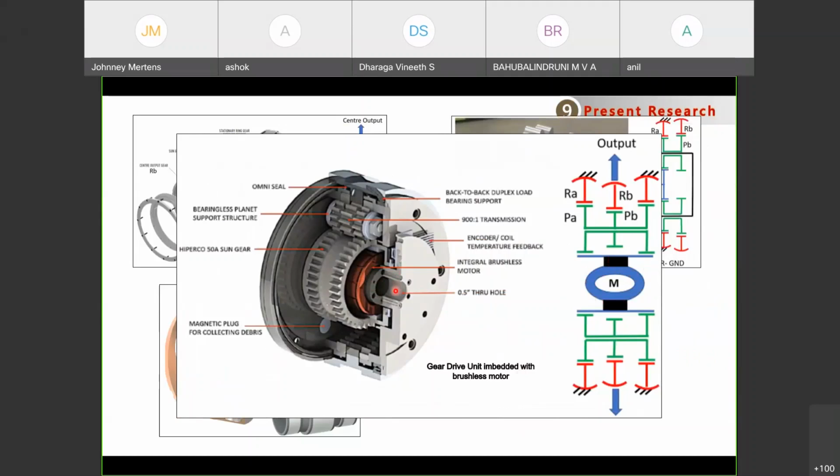But here, this planetary gear arrangement has an inbuilt servo motor, connected to the sun gear, and the sun gear is connected to the planetary gears. Again, this is under research: a gear drive unit embedded with a brushless motor. How much payload, torque to weight ratio, weight and transmission ratio it can achieve are all still under research only.